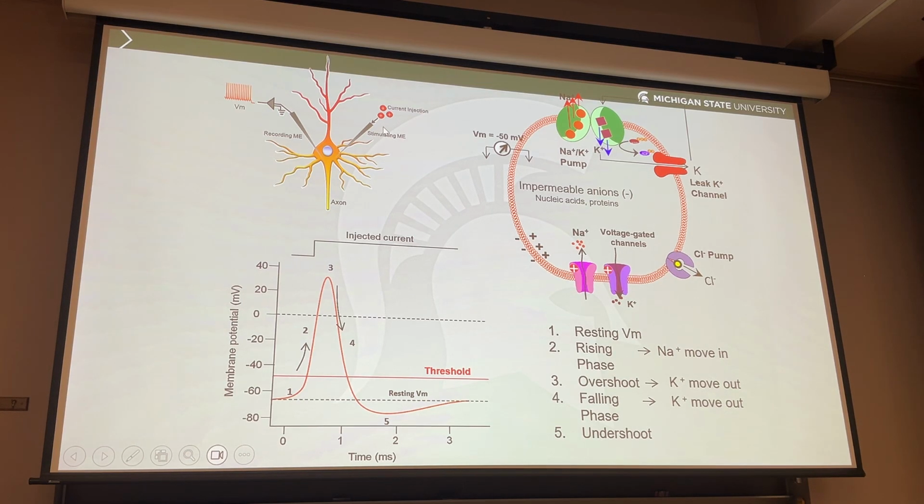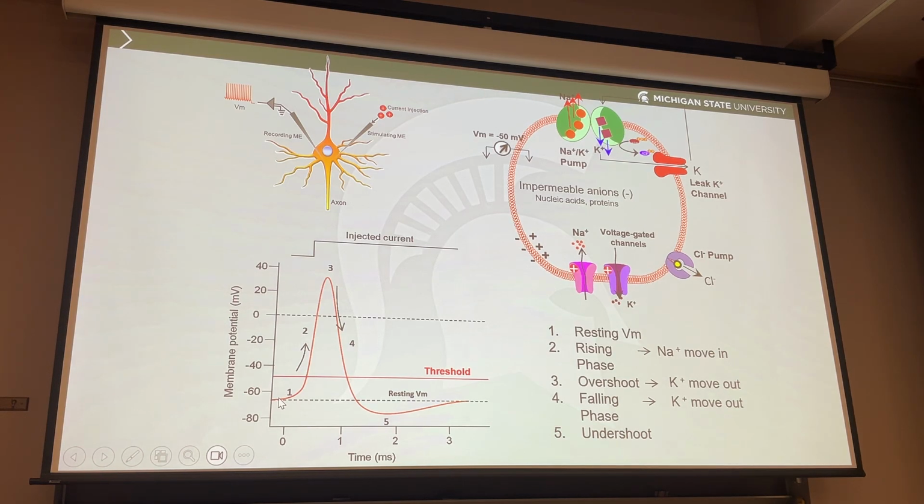And this can trigger an action potential. The phases of the action potential are shown here. Our membrane potential is on the y-axis, plotted against time. There are several phases here. So here's our resting phase. This looks like it's sitting at roughly negative 70 millivolts, somewhere between negative 60 and 70.